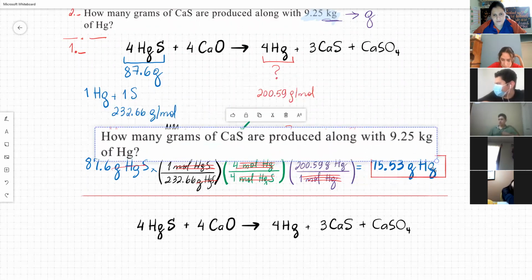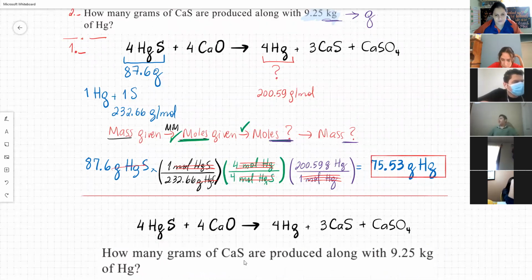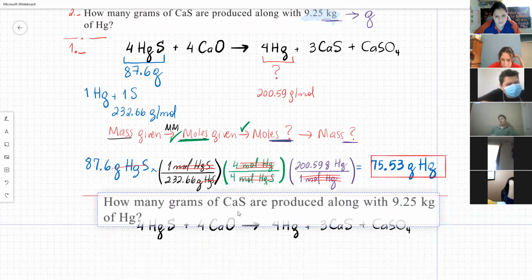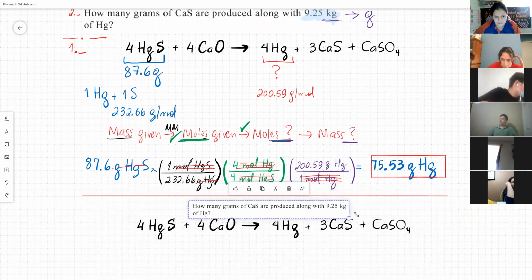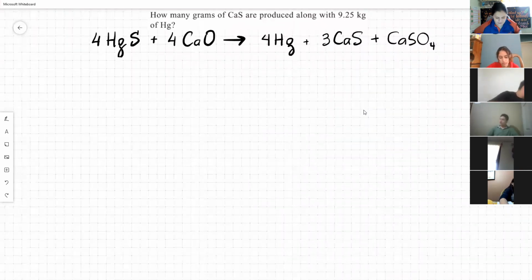Remember, this is the question number 2. Like that. Okay, so in this question, it's going to be relating the 2 substances that I care about.